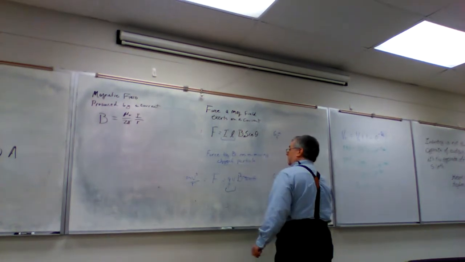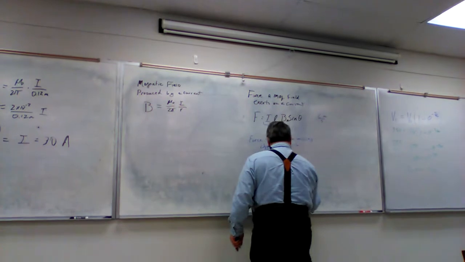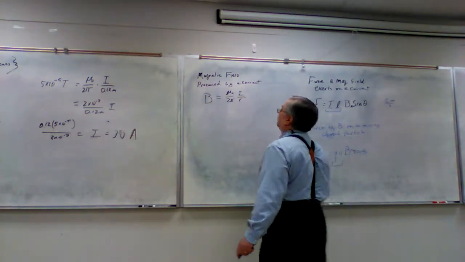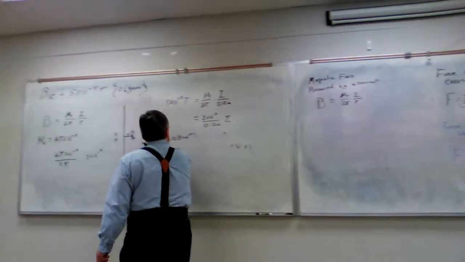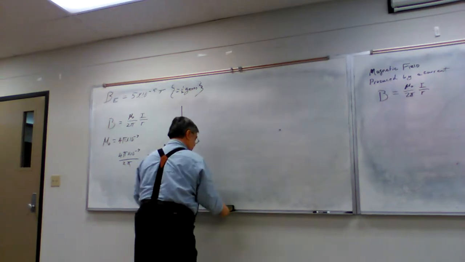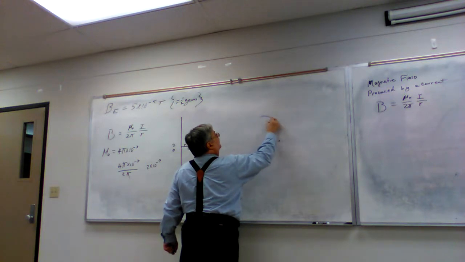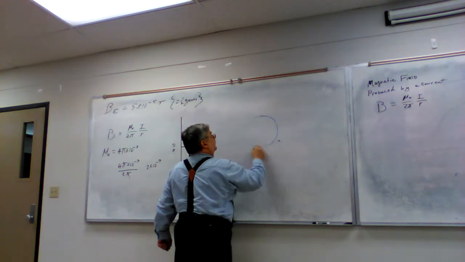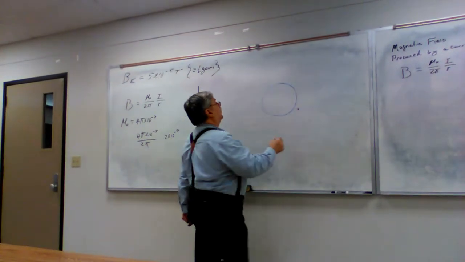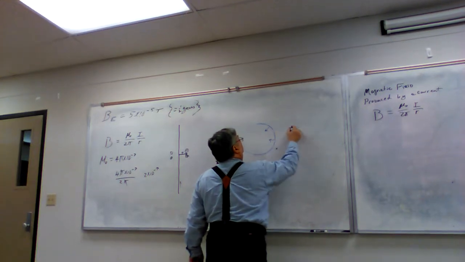Okay, let's do this one in review then. We've got a magnetic field that is uniform and a charged particle moving in it. That charged particle will move in a perfect circle when the force exerted on it by that magnetic field is centripetal.